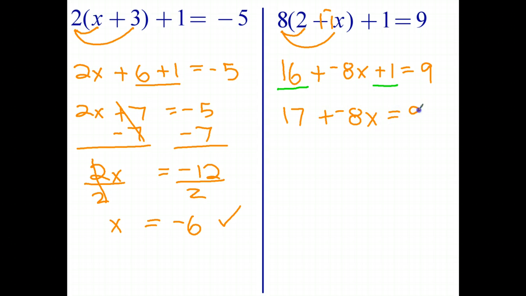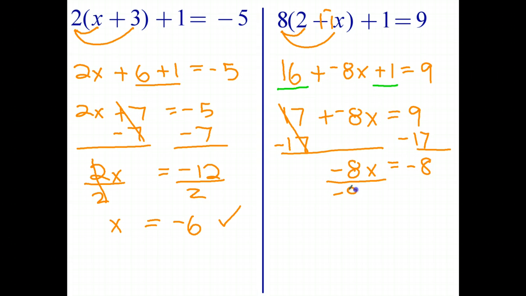And that equals 9. So once again, the fact that the variable, the unknown, is written second doesn't make any difference. That's the same as negative 8x plus 17. So to remove the plus 17, I subtract 17 from both sides. 17 takes 17, goes to 0, leaving just negative 8x. 9 subtract 17 is negative 8.